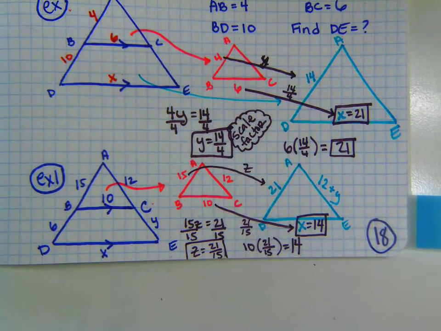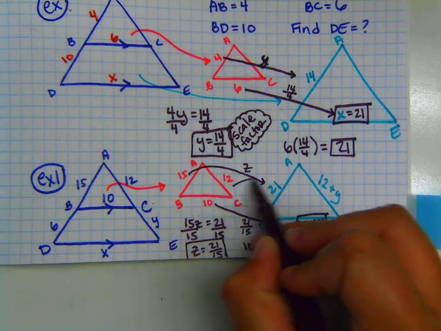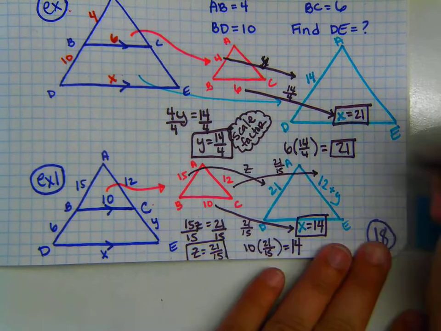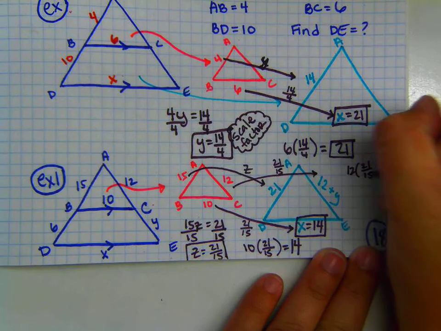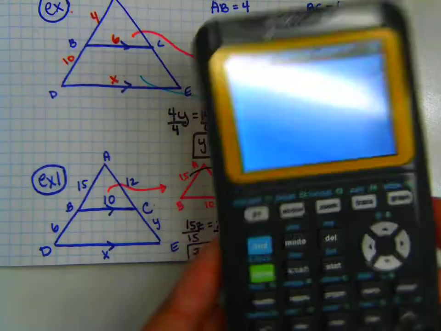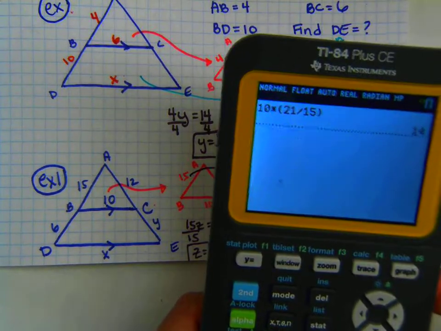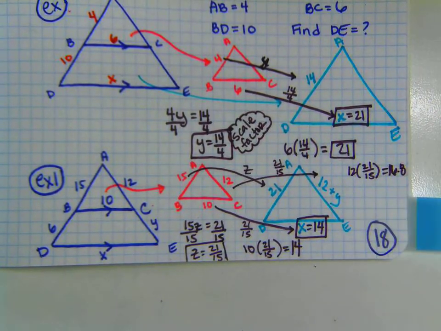Oh, wait. Yeah, it will. Let's try that. Sorry. Let's do 12 times 21 over 15, and that equals 16.8.